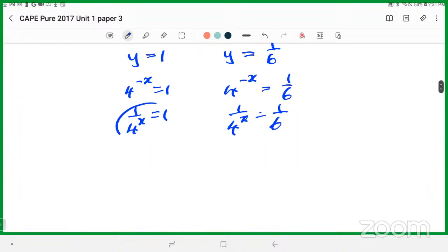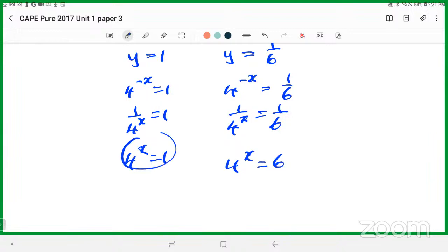So from here, 4 to the x is equal to 1, and from this one, 4 to the x is equal to 6. 4 to the 0 is equal to 1, so x must be 0, because any number raised to the power 0 is 1.